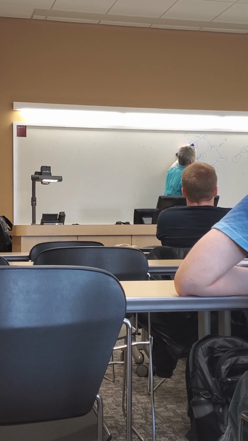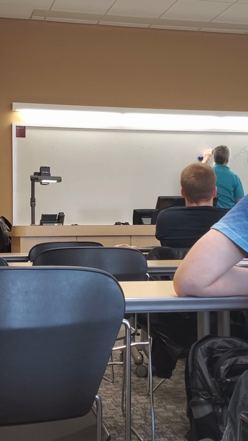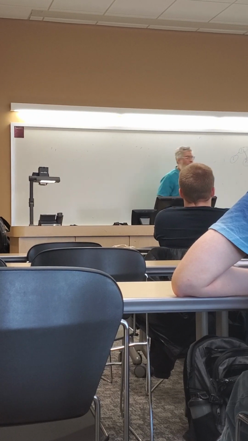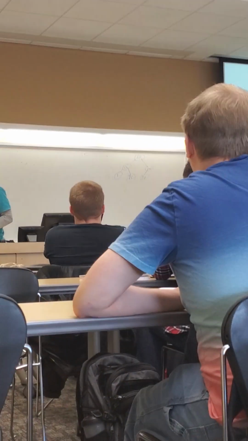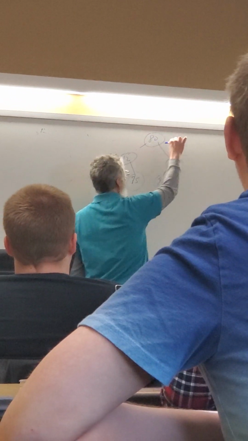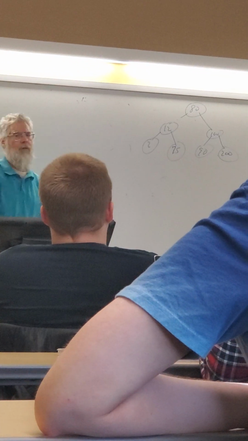All right, so here's where we are now. And I just inserted 90. I'll insert 200. Greater than 80, greater than 100. I'll make 200 the right child of 100, but we're still in balance. All right? And then I removed 2.